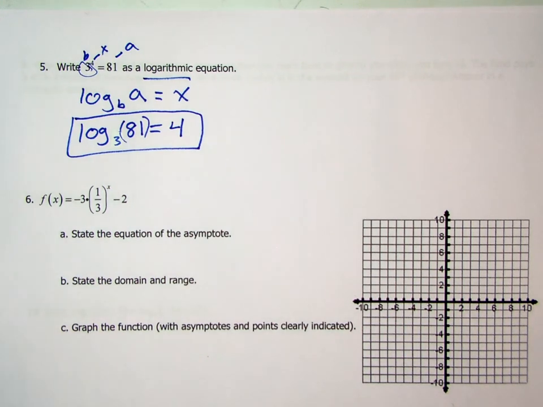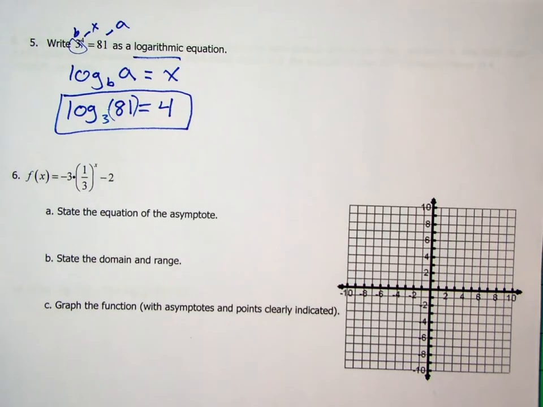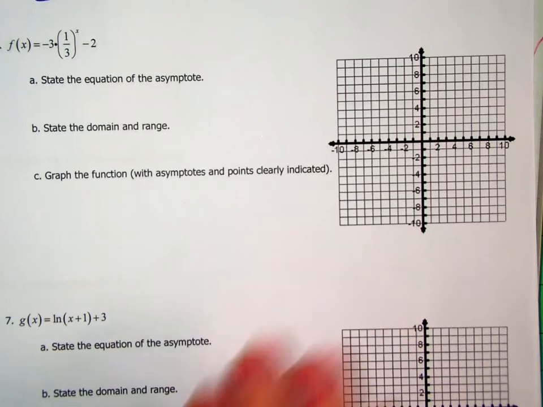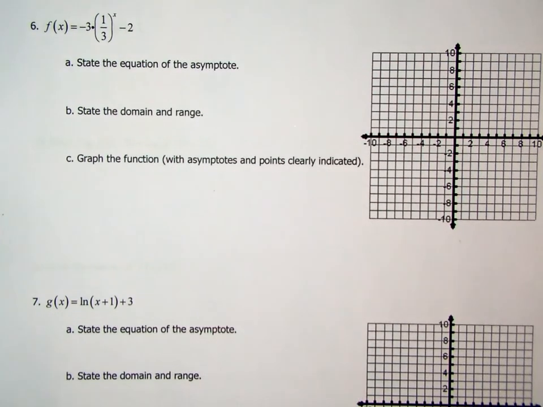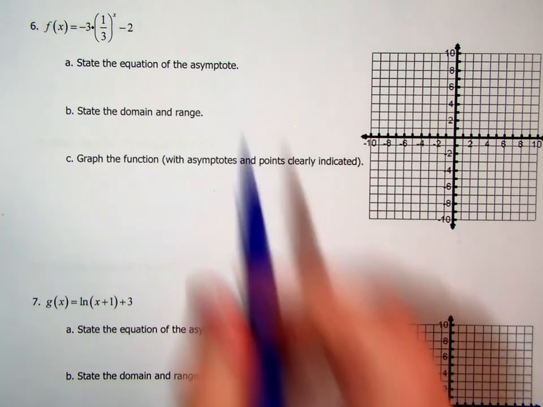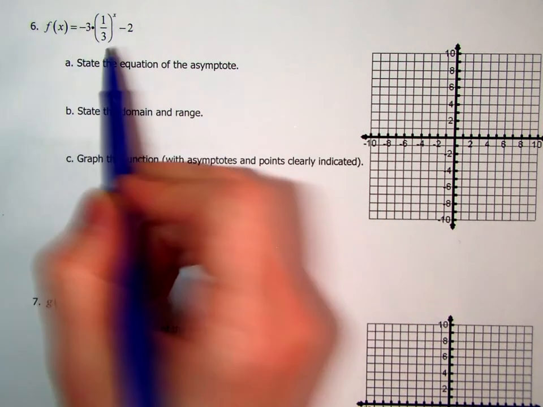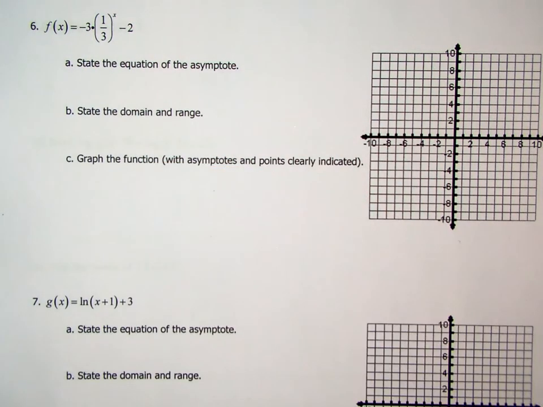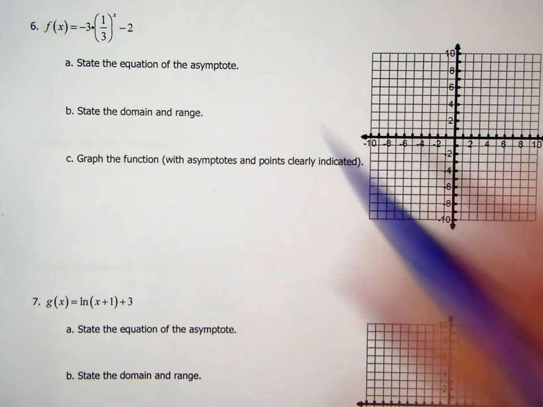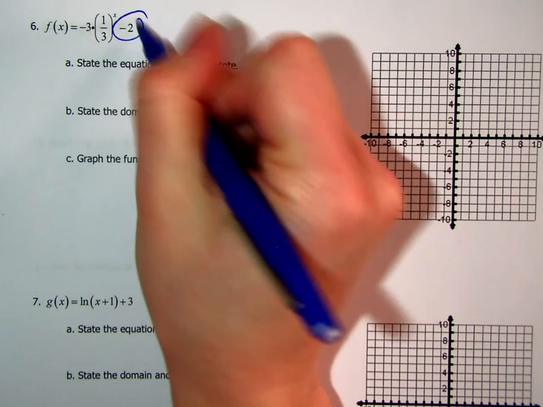All right, so let's take a minute and look at our graphs. Right, so when we're talking about the graphs, you're going to always have to be able to state domain, range, and find your asymptotes. So the asymptote, remember when we're talking about exponential, we really only have the horizontal asymptote, which comes from the end.